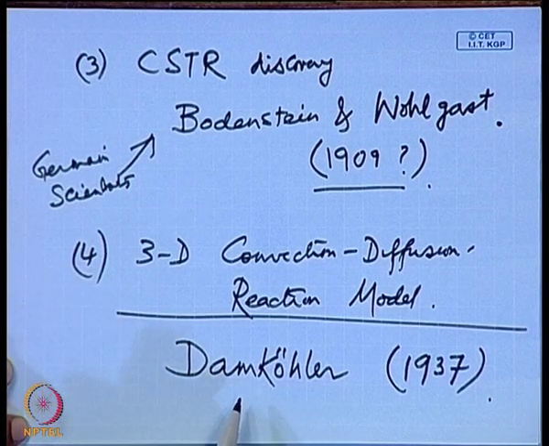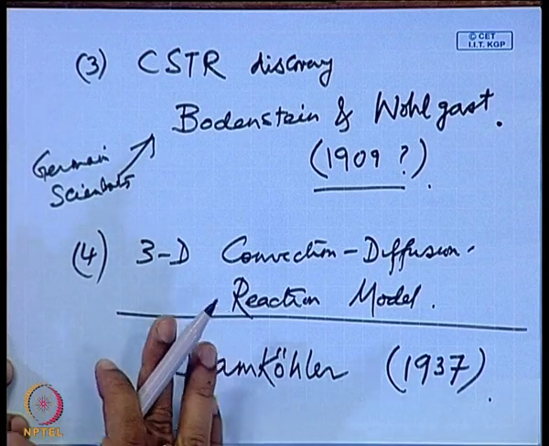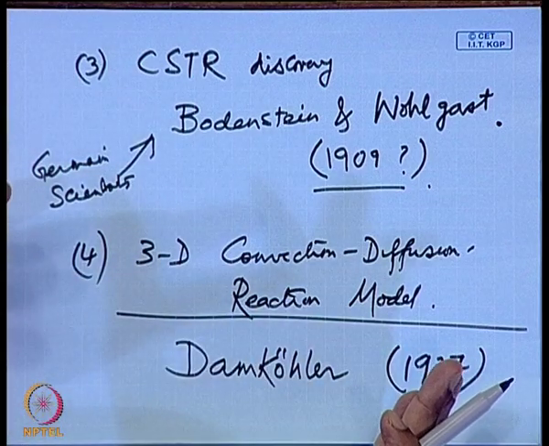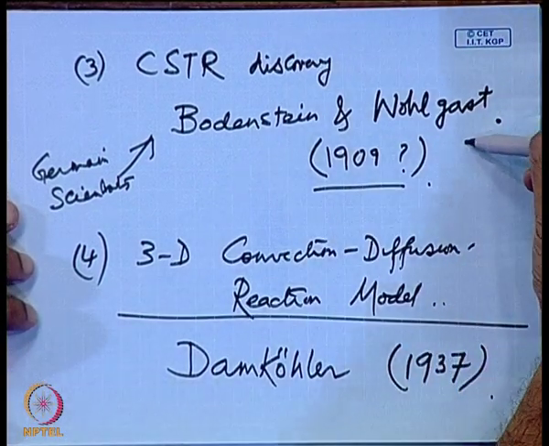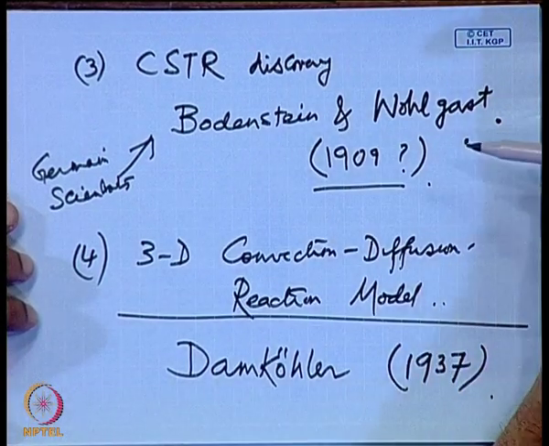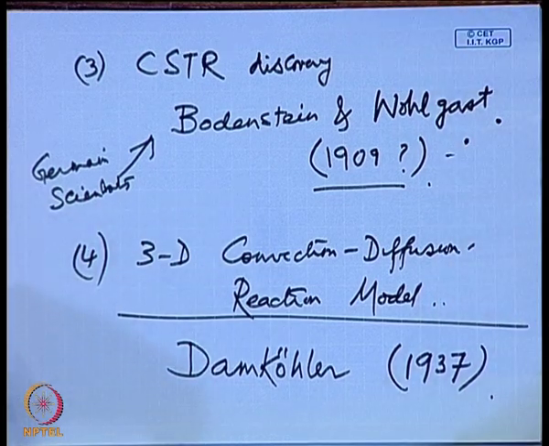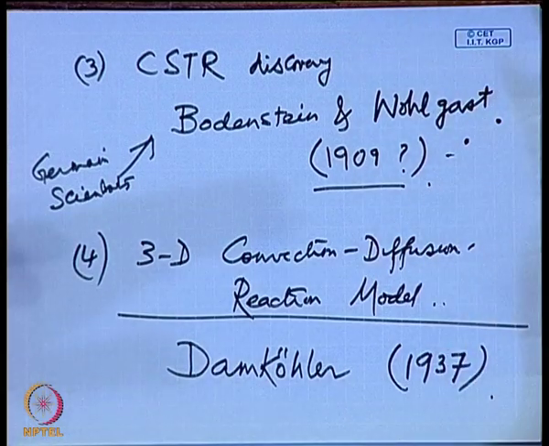And so, this is a breakthrough paper, one of the greatest papers ever written in chemical engineering. The reason is that he reviews the whole history of chemical engineering, Damkohler, in 1937, and he was the one who gave credit to Bodenstein and Wolgast. He brought the CSTR model into light. So the CSTR model actually was discovered much before that, but it was Damkohler who brought this into light one more time, and it was kind of lost.